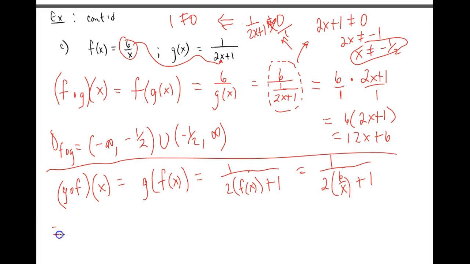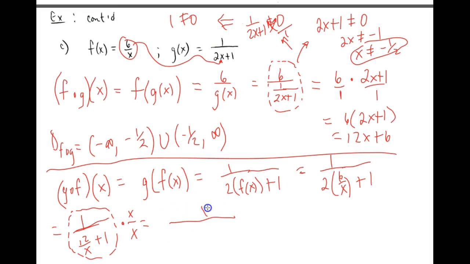We're going to come over here to do that. So this would be 1 over 12 over x plus 1. And right here, we would use this as the raw form of our function. We'll talk about how to simplify this now, and then we'll get into the domain of it later. To simplify this, we can multiply both the numerator and denominator by x to get rid of the fraction.